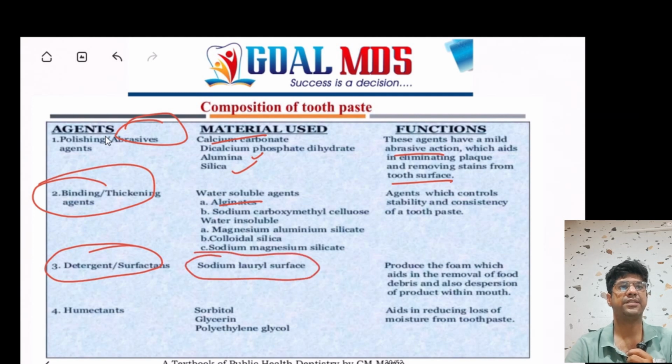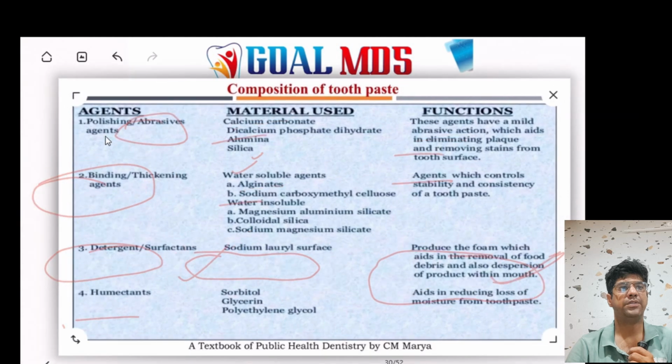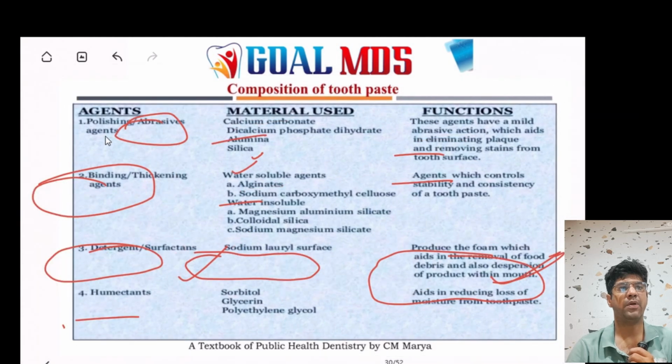Third, detergents. Detergents are incorporated. The material used is sodium lauryl sulfate. This produces a foam which aids in removal of food debris. Other are the humectants, which include sorbitol, glycerin, polyethylene glycols.